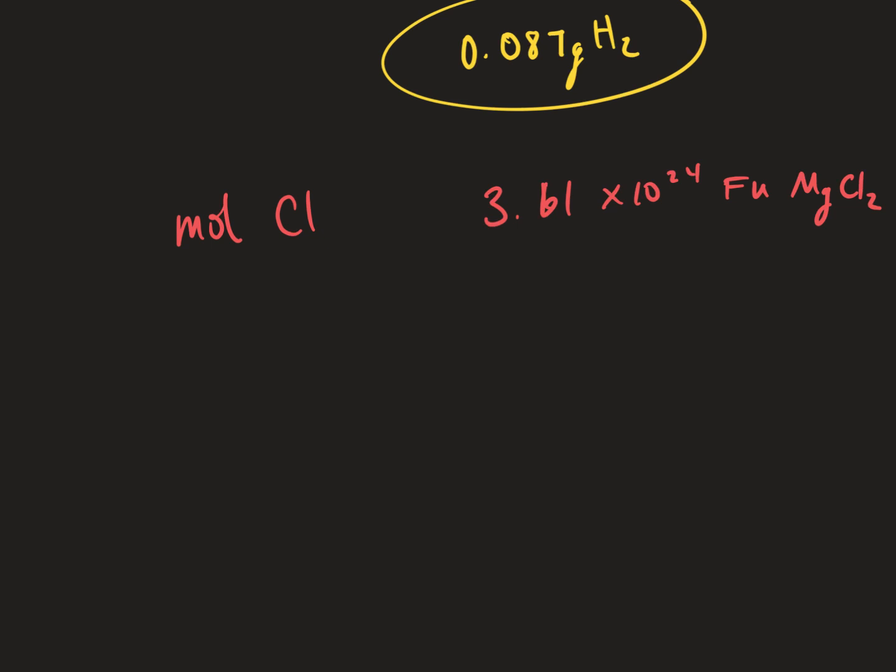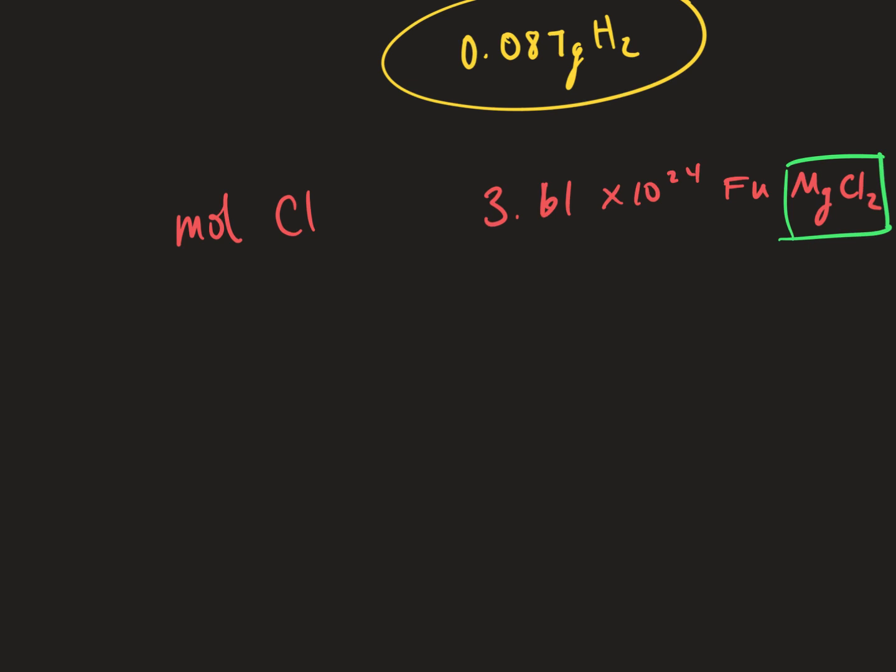So if we have one molecule of this, can we figure out how many moles we have? This is a representative particle. Let's just start how we do all problems, right?